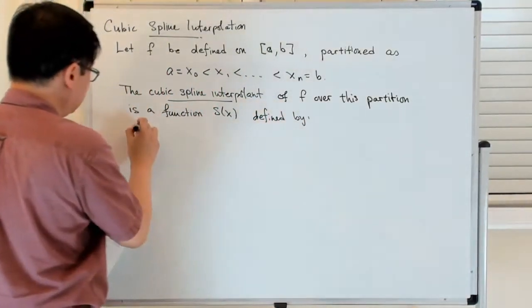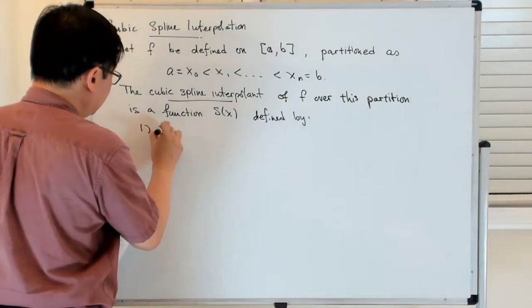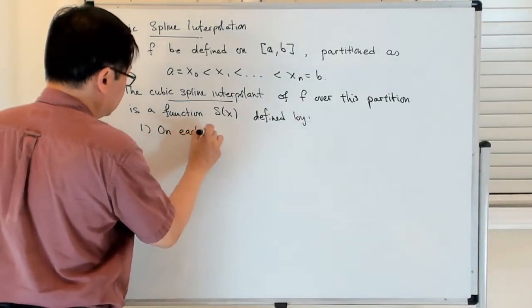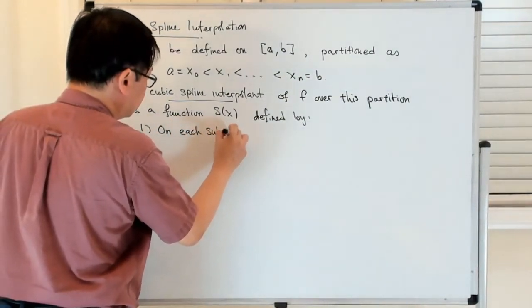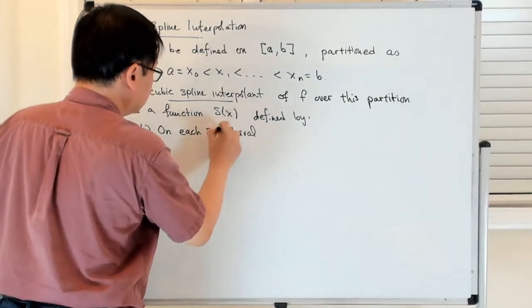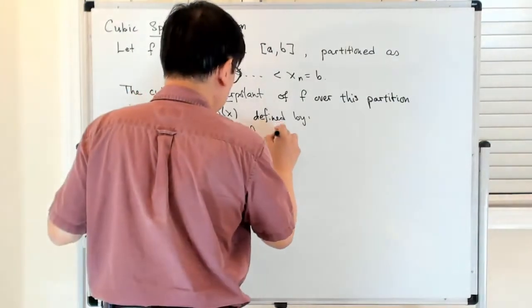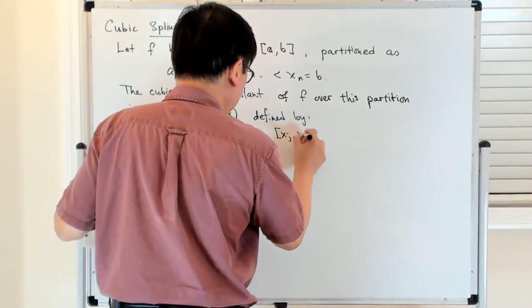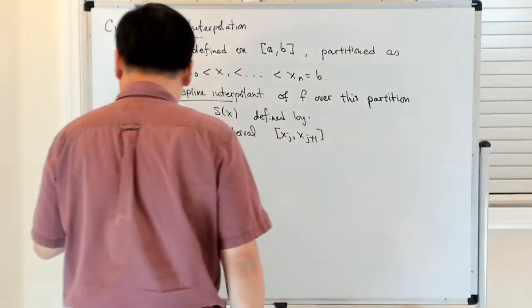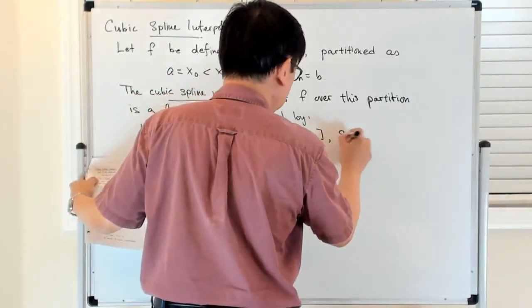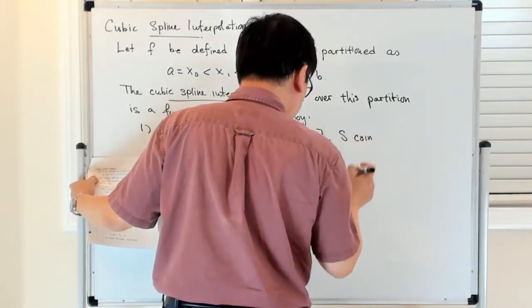For the first thing, on each subinterval xj to xj plus 1, S coincides with a cubic polynomial.